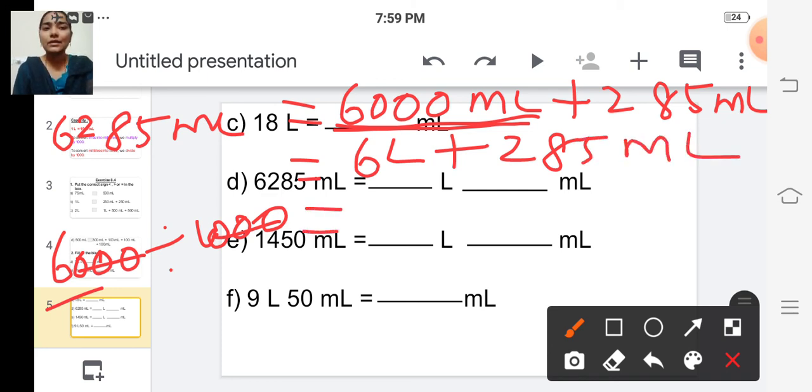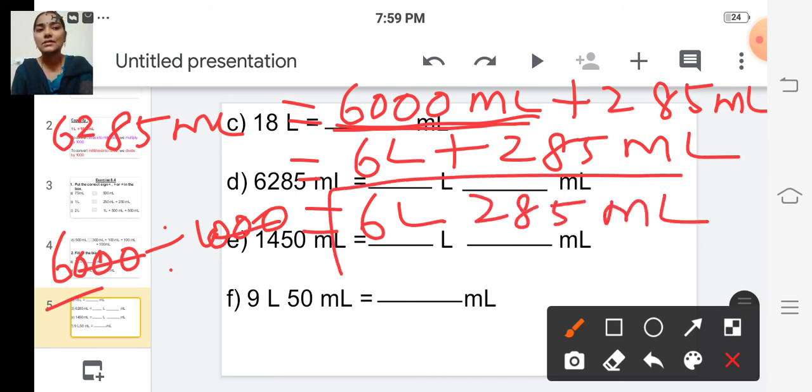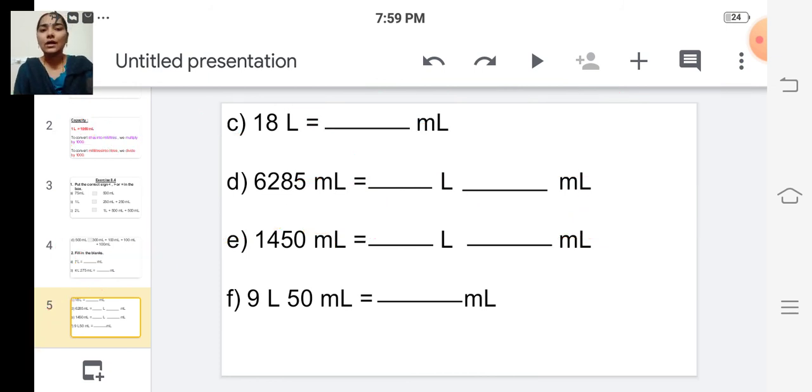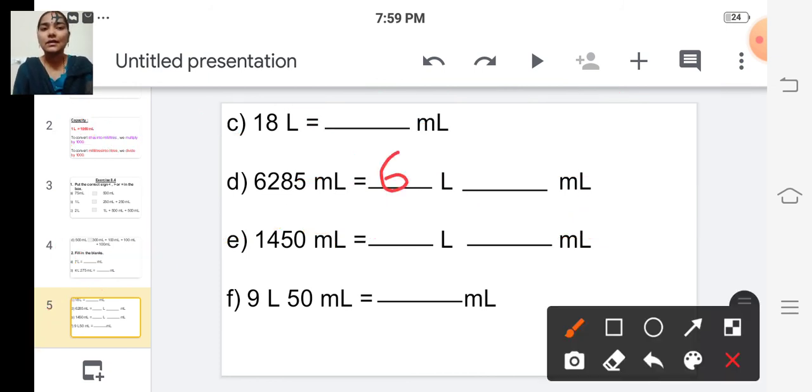So this can be written as 6 liter 285 milliliter. This is the answer. So the answer is 6 liter and 285 milliliter.